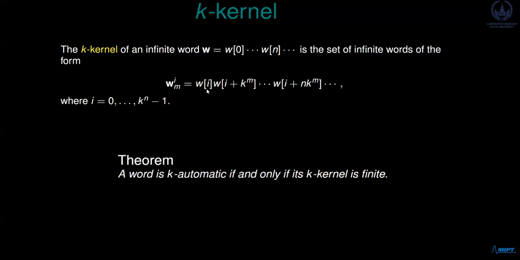This finiteness of the k-kernel is a direct indicator of the structured, repetitive nature of k-automatic words, making this concept a powerful tool in the classification and study of such sequences. In summary, the k-kernel provides a method for identifying the internal regularities of an infinite word, and the key result is that the finiteness of the k-kernel guarantees that a word is k-automatic.